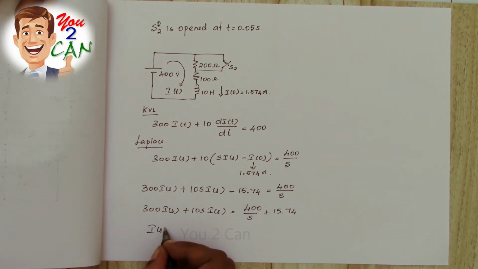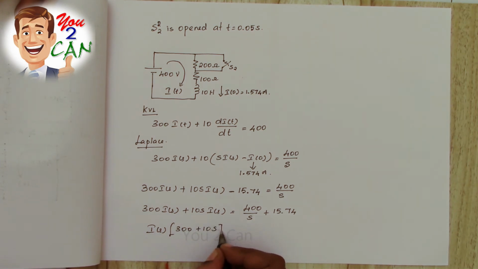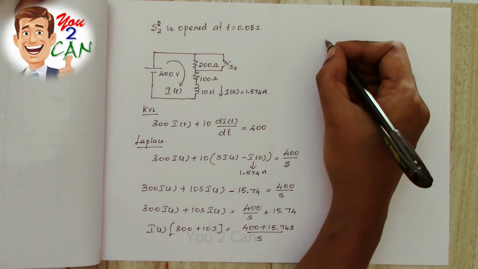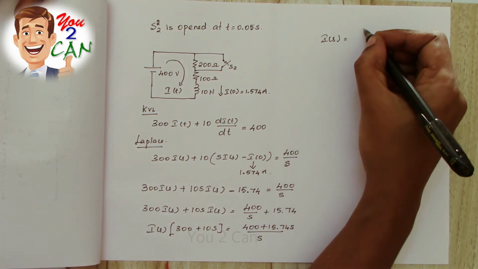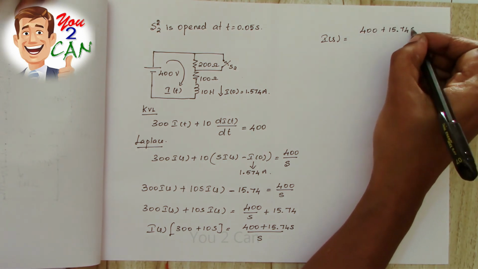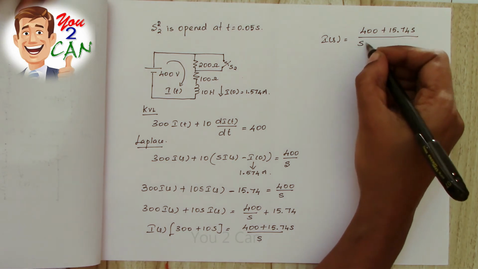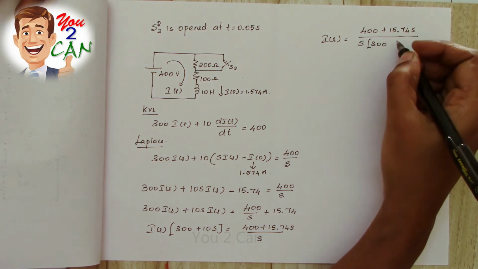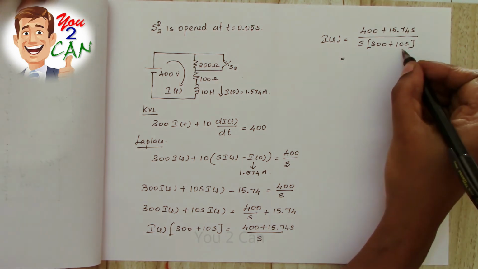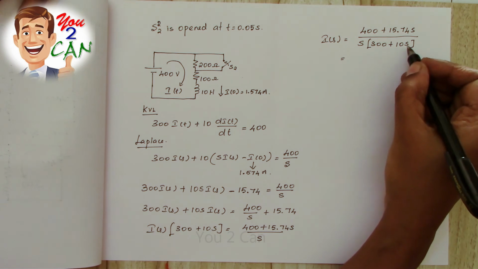So 300 I of s plus 10 s I of s equals 400 by s plus 15.74. Take I of s common outside: 300 plus 10s equals, taking LCM, s is the LCM, so 400 plus 15.74s. Now find I of s. I of s is equal to 400 plus 15.74s divided by s into 300 plus 10s. You have to take this 10 outside to make this s plus something.